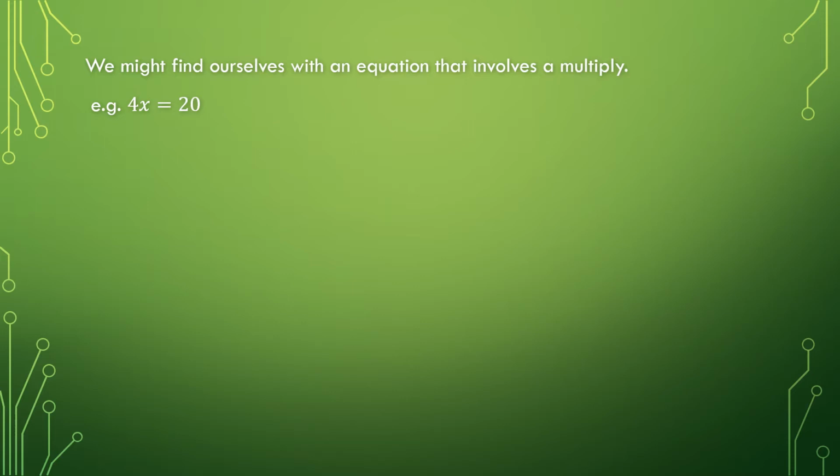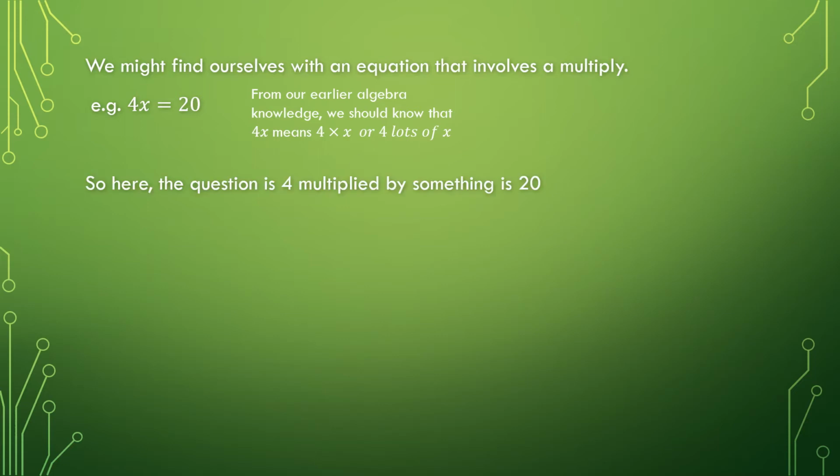Well, what we'll be expected to do is recall from our earlier algebra skills that we already know that 4x should just mean 4 times x, right? 4 multiplied by x, or if we prefer, 4 lots of x. So we should already be aware of that. And so we should know that what this means is we're looking for 4 multiplied by something that gives us 20.